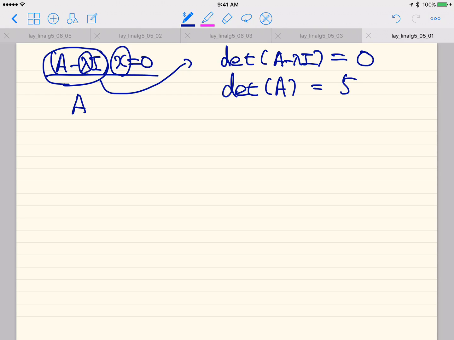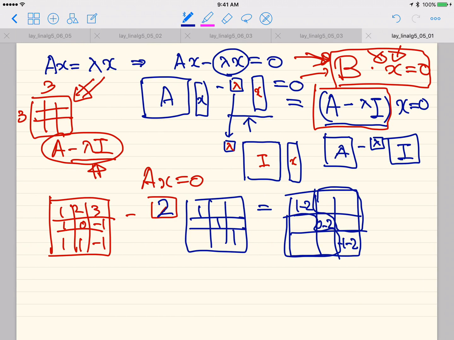That means your matrix A was invertible. But after subtracting lambda I from your matrix A, you now make A minus lambda I have a 0 determinant. That's how to make this matrix non-invertible or having linearly dependent columns. Okay?